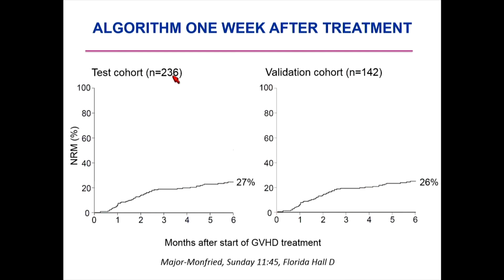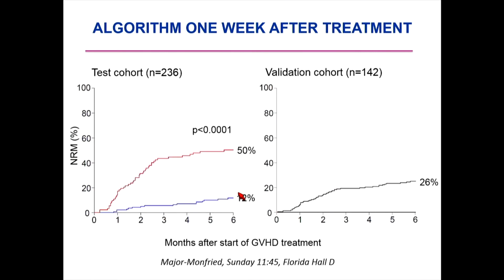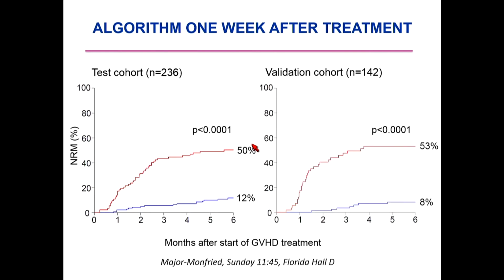Here is our test cohort of 236. There's a 27% mortality. The algorithm divides the low-risk group into 12% NRM versus 50% for the high-risk group. We essentially see the same separation in our validation cohort.